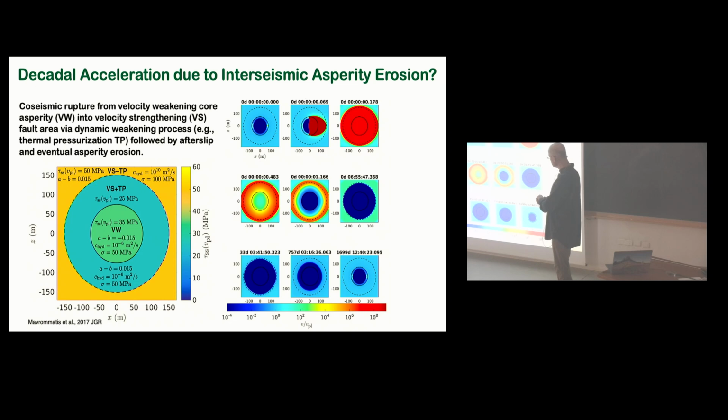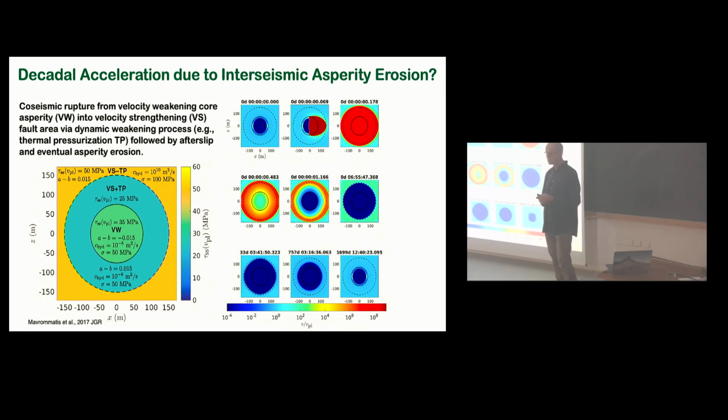And then with time, early, right after the event, slip will slow down, then we'll have afterslip. And then as time progresses, the parts of the fault that slip should shrink back, erode back to that inner asperity.